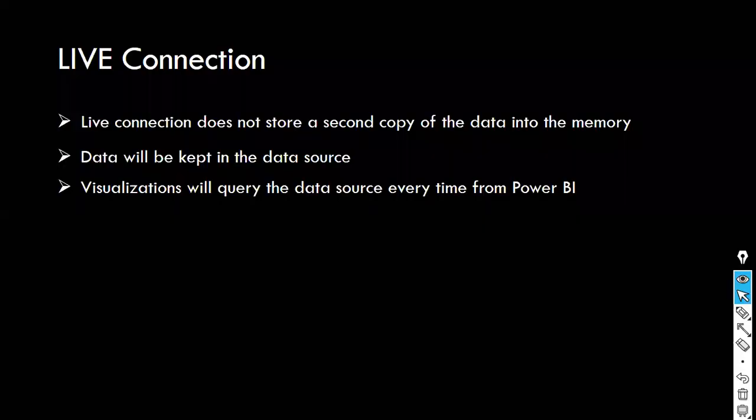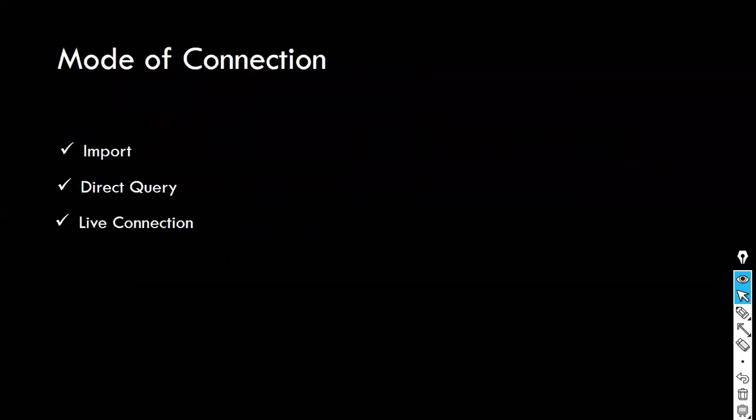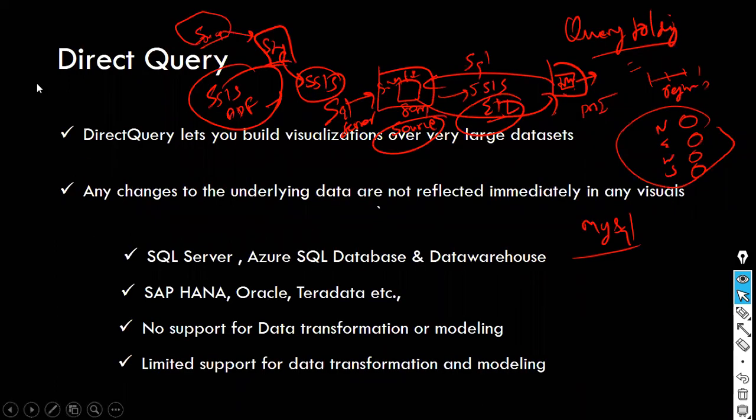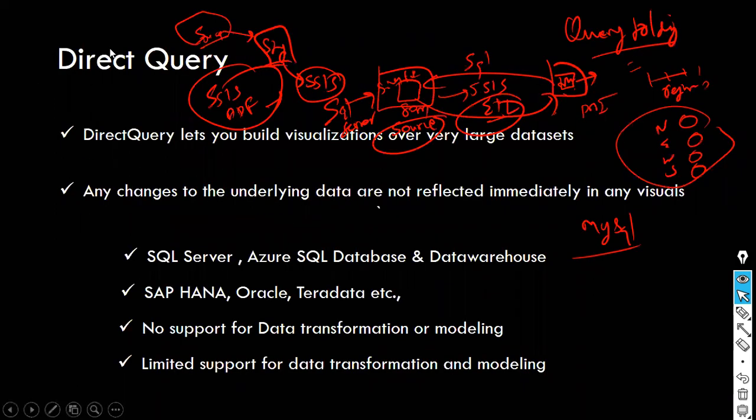So with this, you're able to understand what is import mode and what is direct query mode. The difference between these two we discussed, and the other important difference is if the volume of the data is moderate, then you can go for import data. If the data is very huge, then you can go for direct query.